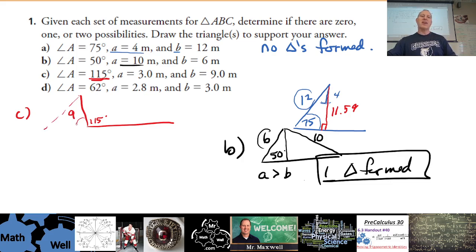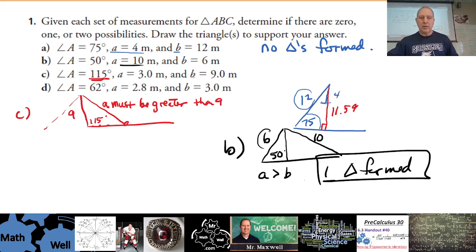Why? Because this angle is not going to be 115 anymore. So you have to form a triangle over here somewhere, which means that this side length A must be greater than 9, because it's got to be longer than this side to stretch and touch over here somewhere.